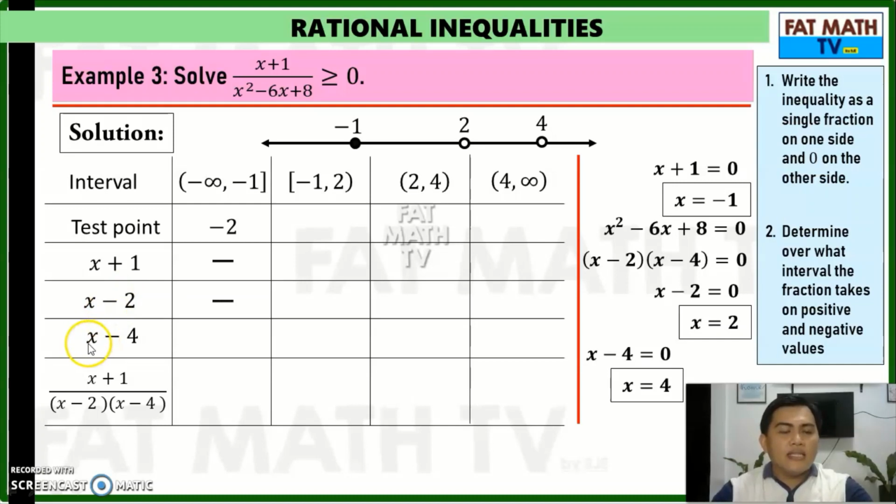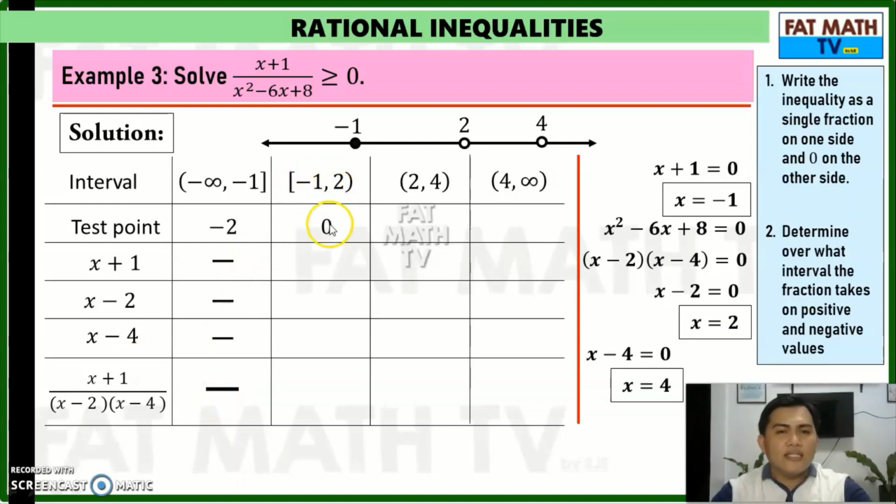And if x is -2, this is -2 minus 4, that's -6, so negative. And then this whole expression is, what will be the sign of this expression? So we have here negative times negative is positive, and then negative divided by positive is negative. Okay? So negative.